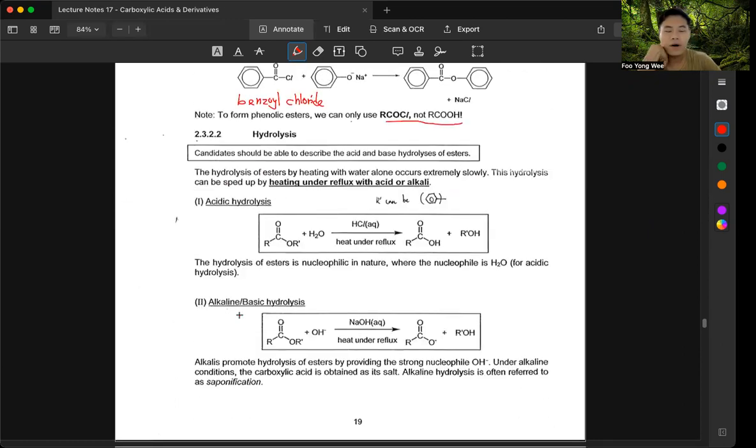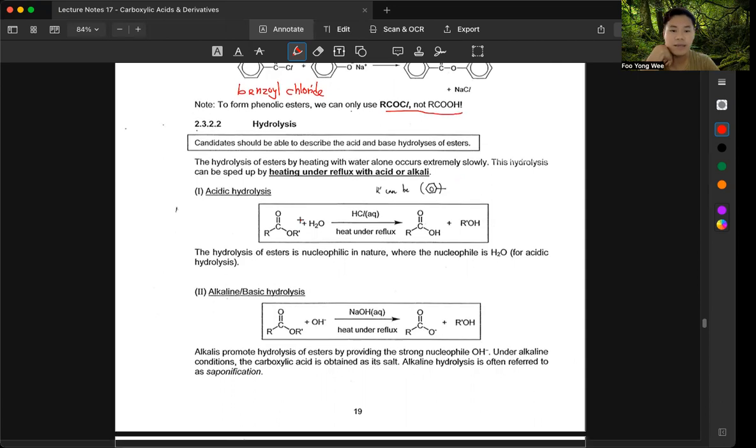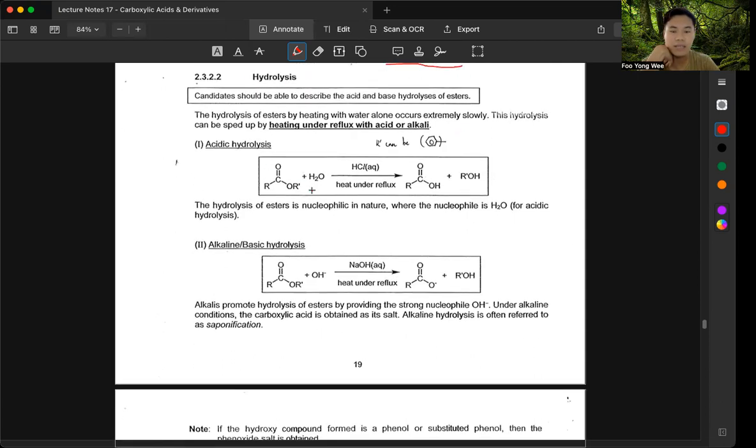Now, for ester hydrolysis, if we just heat with water alone, it'll be extremely slow, forget it. So you have to heat under reflux with acid or alkali. For acidic hydrolysis, you break the ester bond and form back this. The hydrolysis of ester is nucleophilic in nature, where the nucleophile is water.